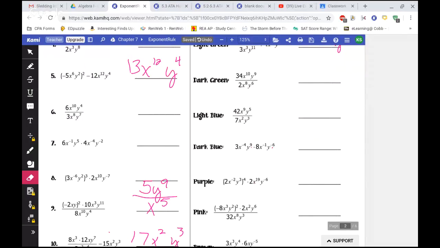Yes. Okay, so purple. You're going to distribute that 4 right here to everything inside the parentheses. So that's going to be 2 to the 4th. And then negative 2 times 4 is negative 8. And 3 times 4 is 12 because this is a power to a power.